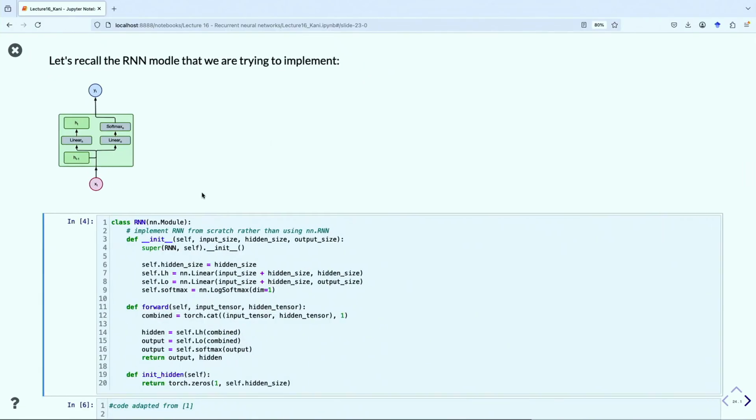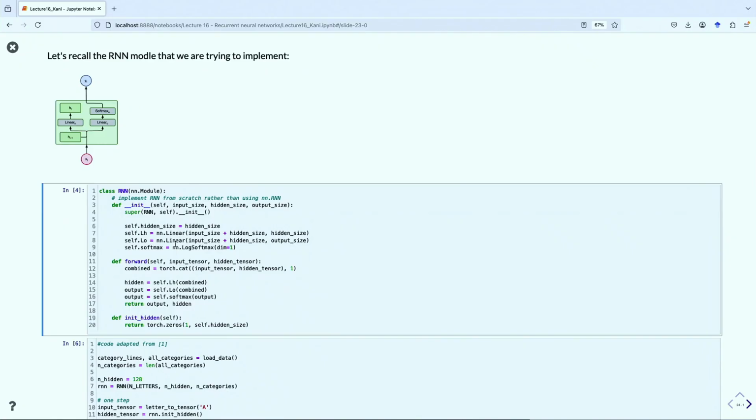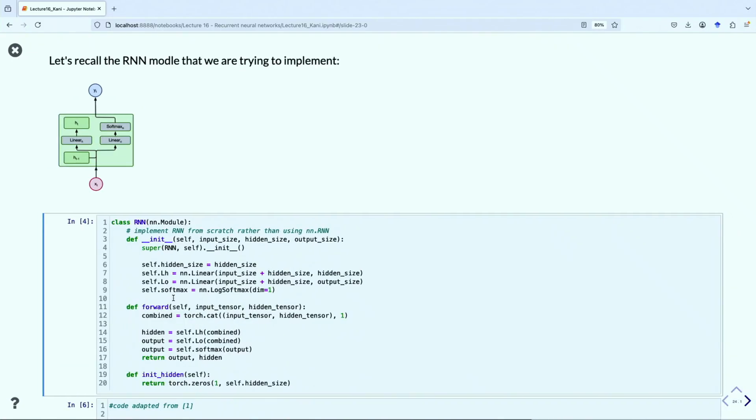Again, we simply need to define an init function. We have two linear layers corresponding to here, and then we have a softmax layer here.